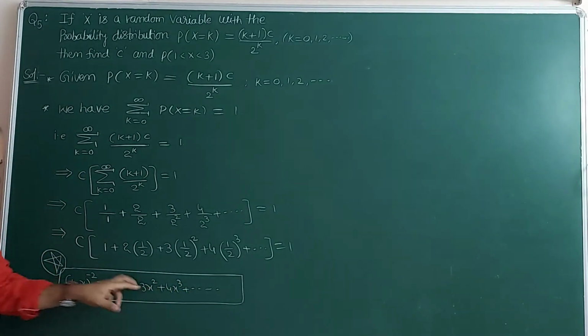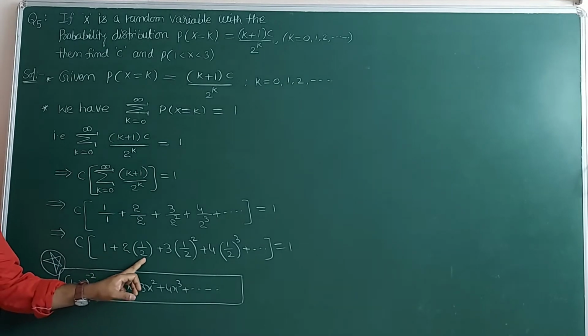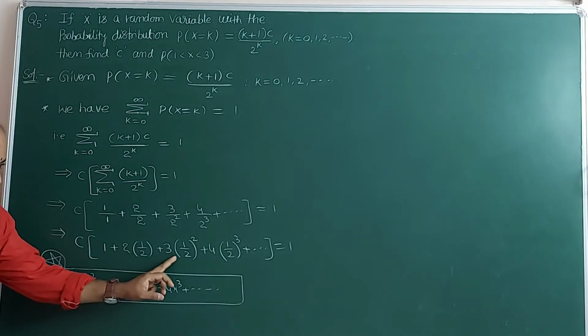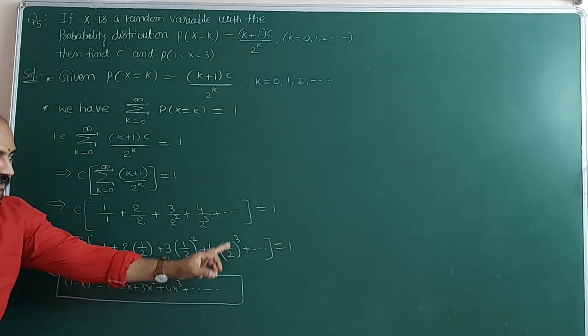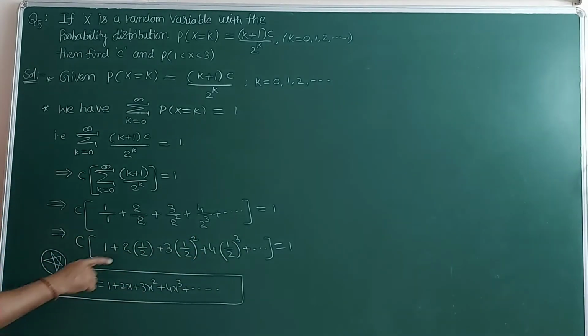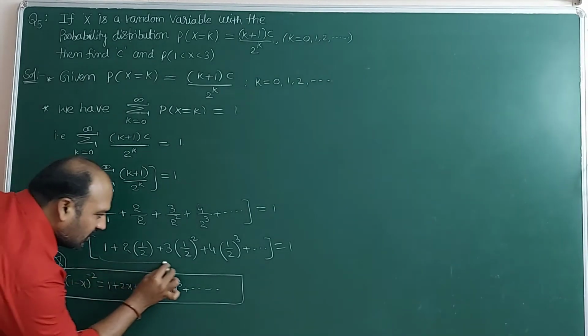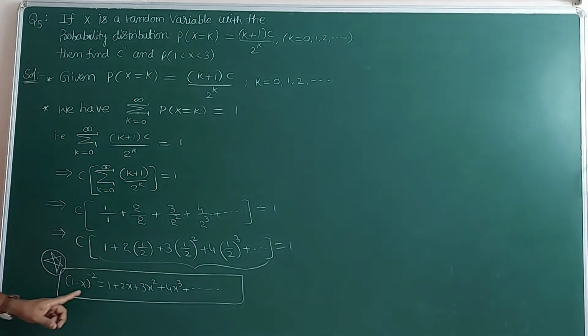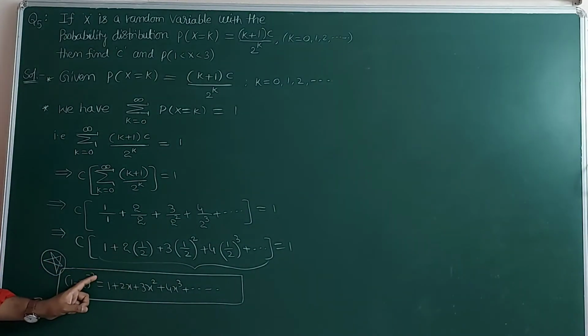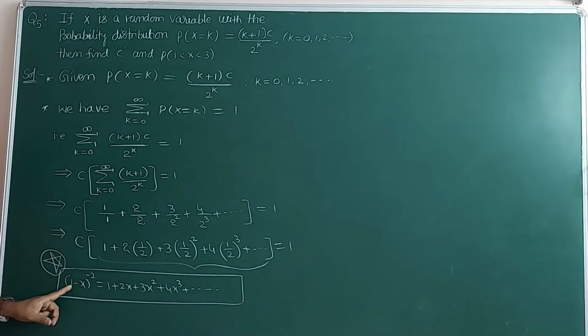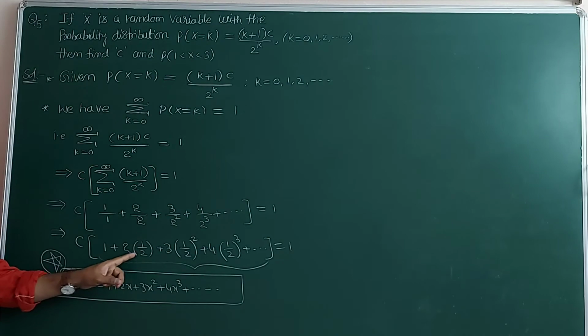Is it in this form or not? Here x is equal to 1 by 2. So in place of x, the value is 1 by 2. So can we write this bracket value, from here to here, as 1 minus 1 by 2 whole power minus 2? This bracket value, 1 minus x, where x is 1 by 2 here.